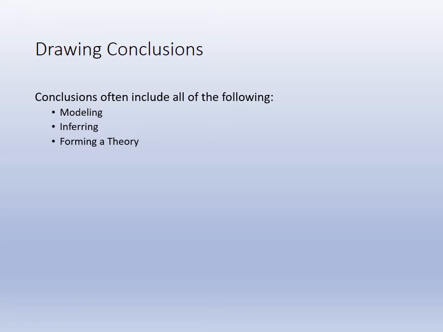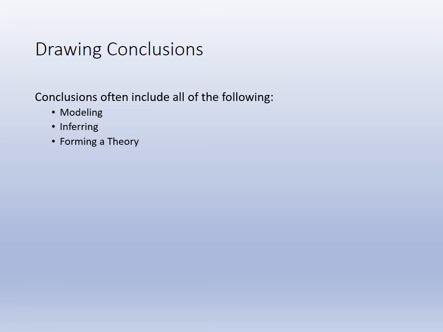After it's been tested time and time again, and it's accepted by the scientific community, it's considered a theory. Now, it's not necessarily accepted as fact because, like I said in the opening, with science, when presented with new data, you change your theory.